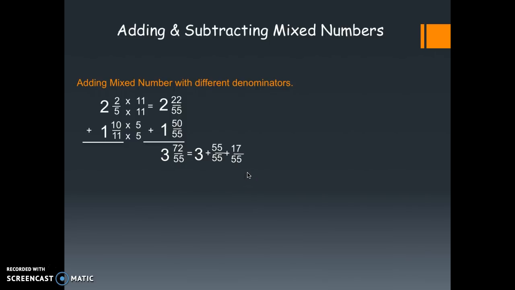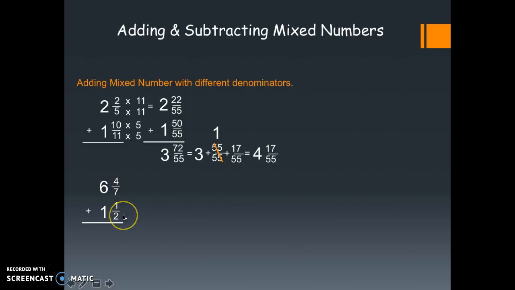I'm going to end up with 17 55ths left over. So 55 goes into 72 once. And when I subtract out that 55, I get 17 left over. So that turns into a whole number 1. 3 plus 1 is 4, and 17 55ths. Let's try another one.